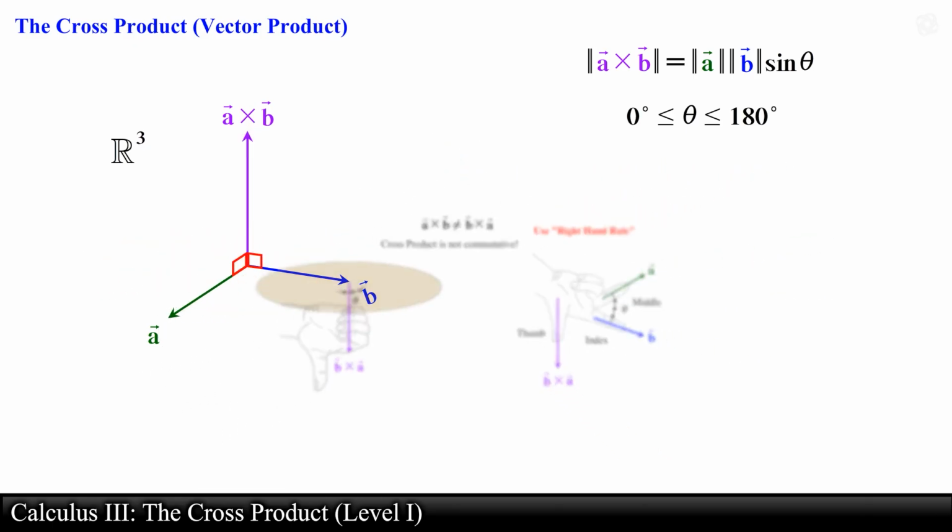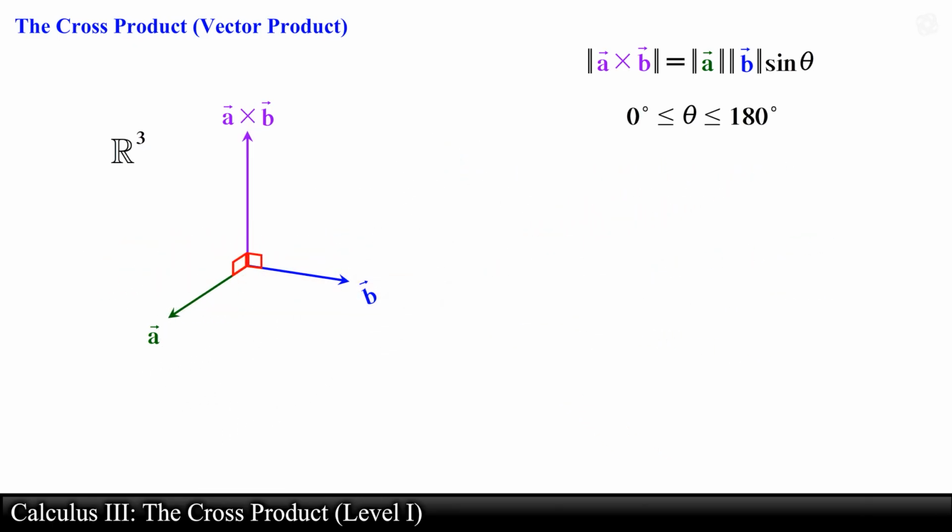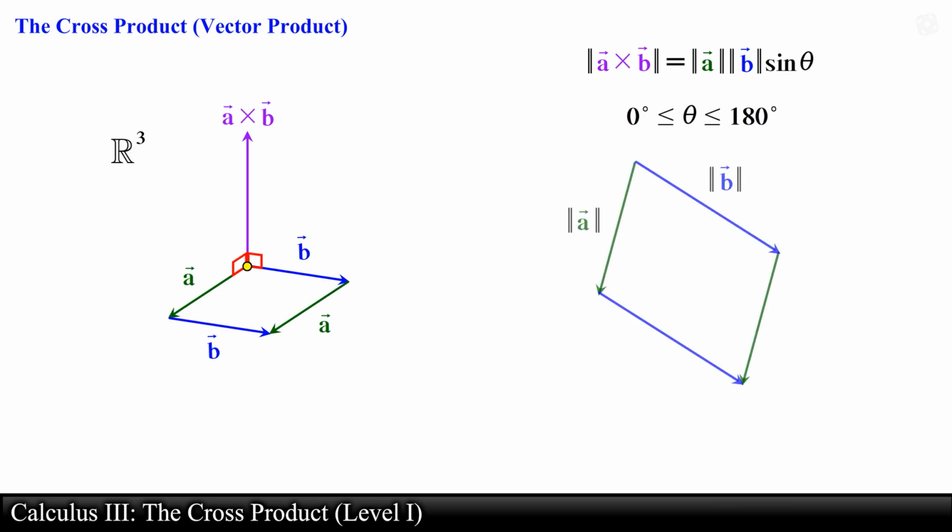We can also illustrate the geometric interpretation of the magnitude of the cross product. If the magnitudes of vector A and vector B are represented by directed line segments with the same initial point, then the vectors form adjacent sides of a parallelogram, with base equal to the magnitude of vector A and altitude equal to the magnitude of vector B times sine of theta.